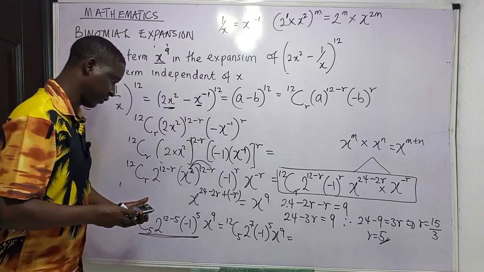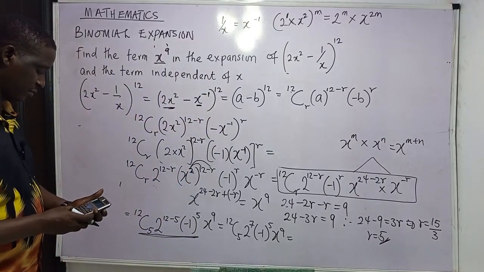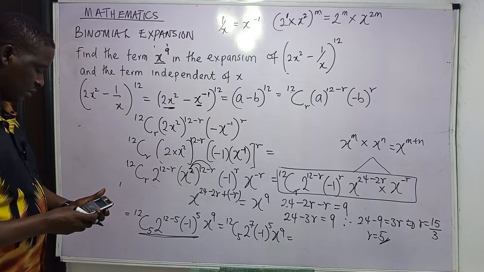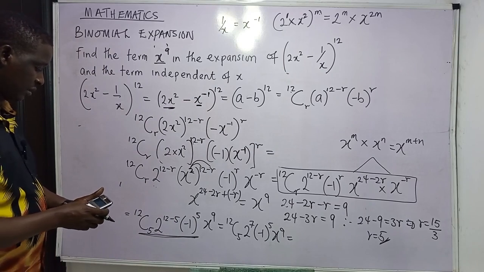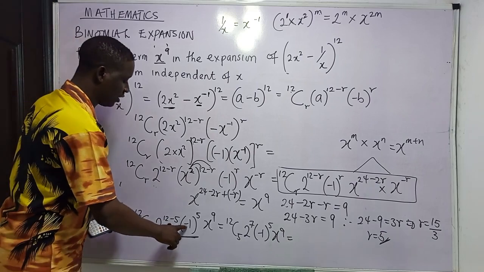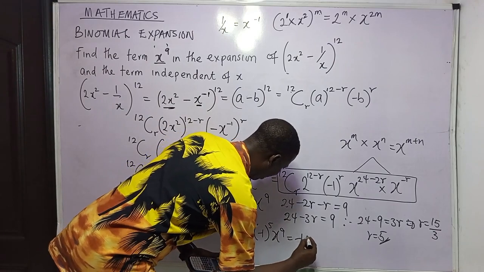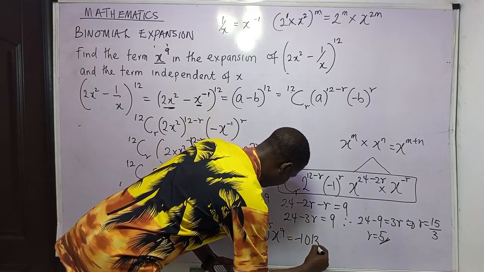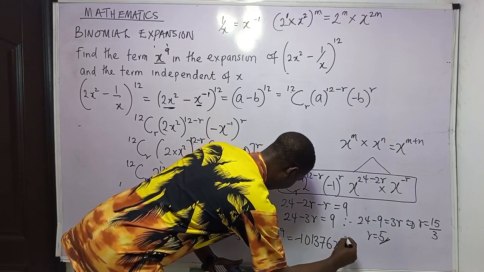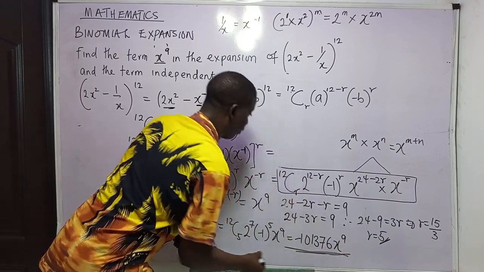So what will that give us? 2 raised to power 7, then minus 1 raised to power 5 is minus 1, so I don't need to bother myself. So we have minus 101,376 x to the power 9. That will give us our answer.